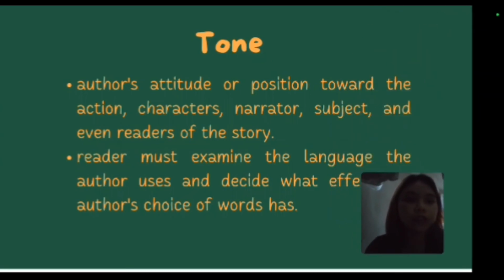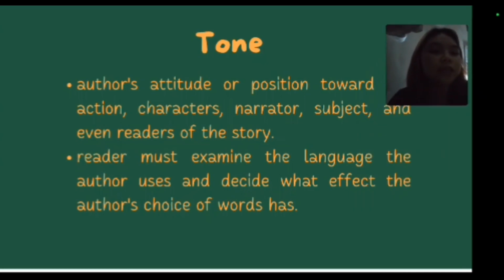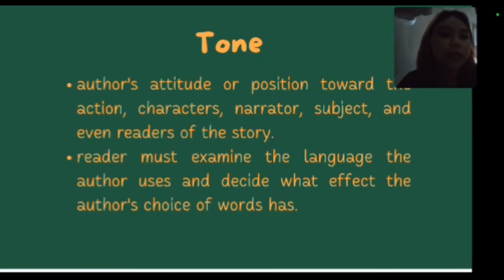Next is the tone. It is the author's attitude or position toward the action, characters, narrator, subject, and even readers of the story. The reader must examine the language the author uses and decide what effects the author's choice of words has. So tone is the author's attitude in the story.